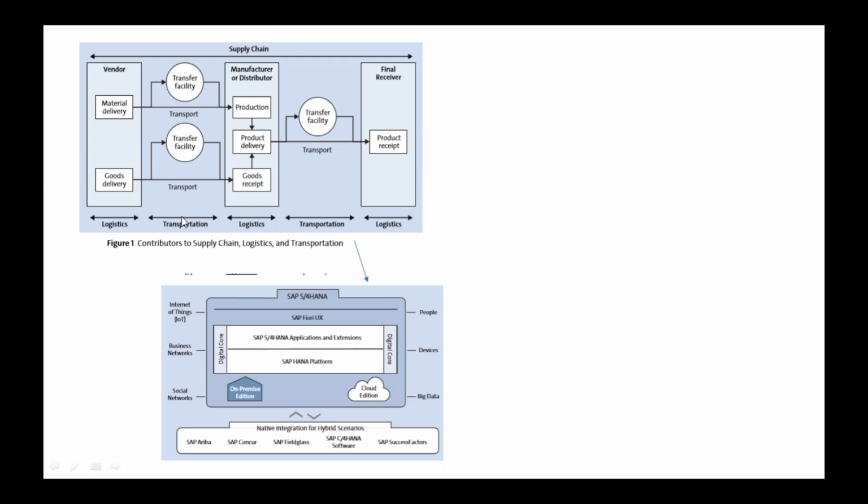From the transportation perspective, it will define the movement of your materials or goods between different supply chain parties. So it is not only internal logistics, but external transportation is also important for the entire process flow. That's why we cannot undermine the significance of transportation here.